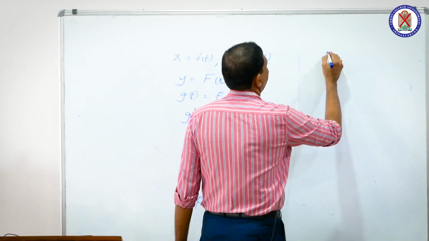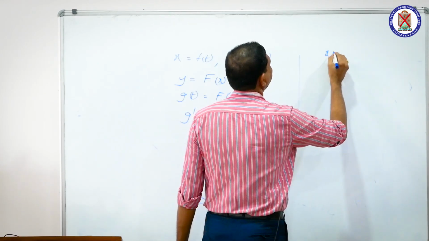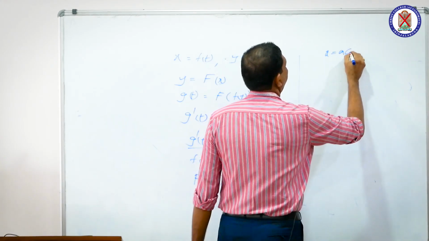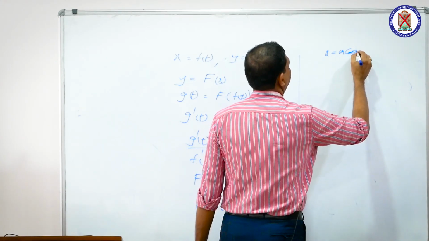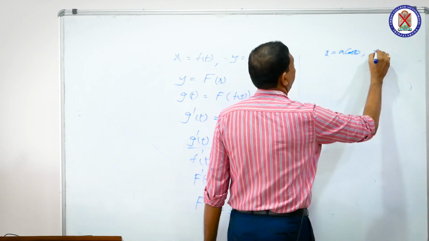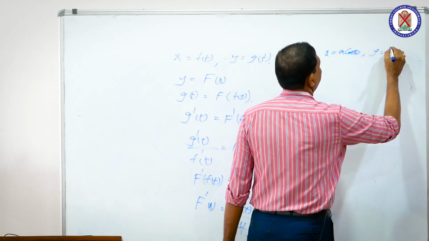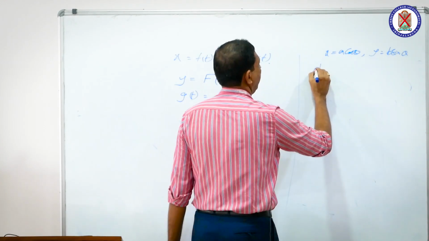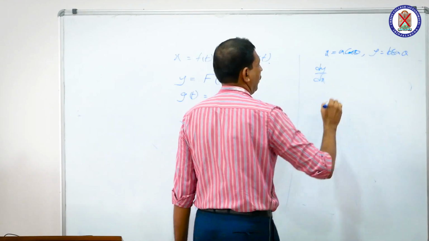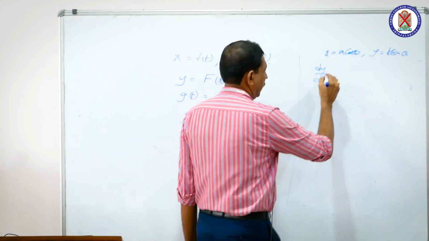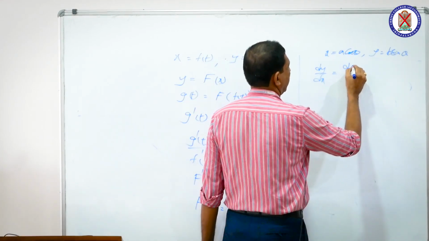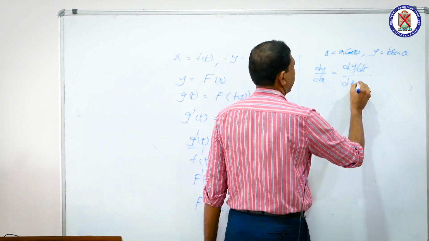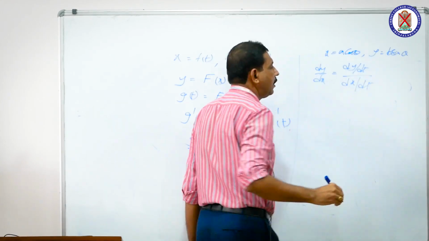Example: suppose x equal to a cos theta, y equal to b sin theta. What about dy by dx? That is the question, dy by dx. Here it is nothing but dy by dt divided by dx by dt. This is already familiar to you.